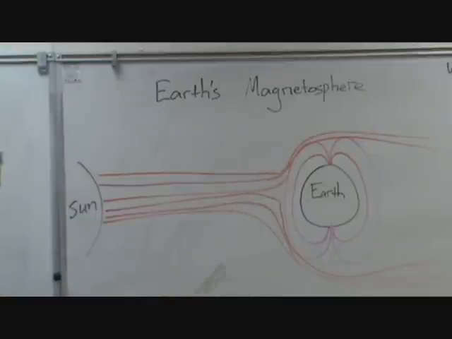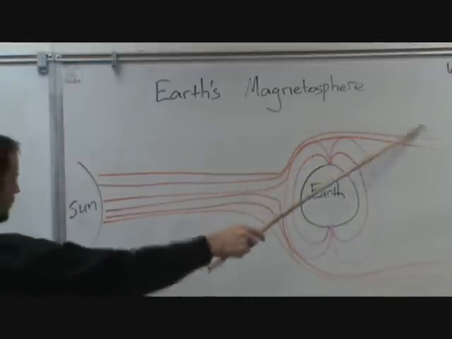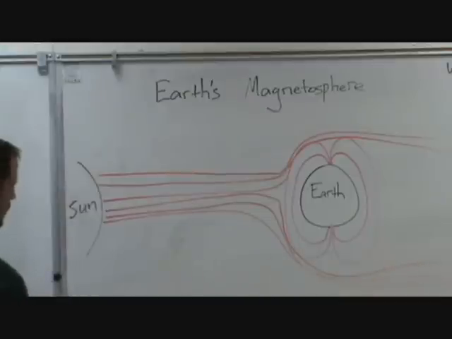What happens is the solar radiation from the sun goes directly towards the Earth, but this electromagnetic field here in pink is blocking it, and it's deflecting it around and away from the Earth. Now, there is some radiation that gets through, like ultraviolet light and some others, but most of the solar radiation is deflected away from the Earth.